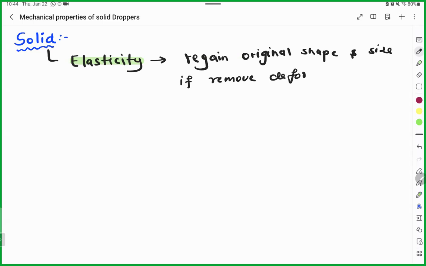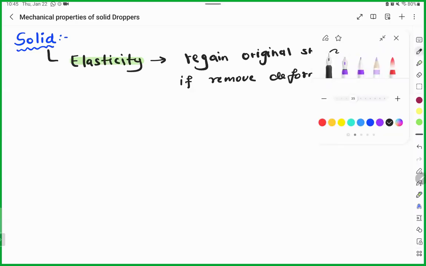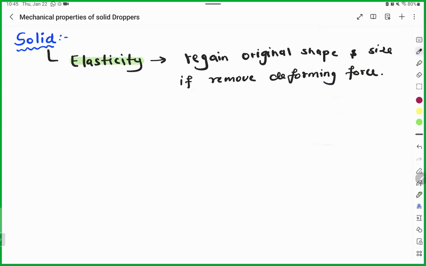So deforming force is changing the shape of the body. Example, if you are stretching the spring out, the force you are putting by using your hand is the deforming force. This deforming force is responsible for change in the shape of the body. But as soon as you leave it, it will come to the original position.